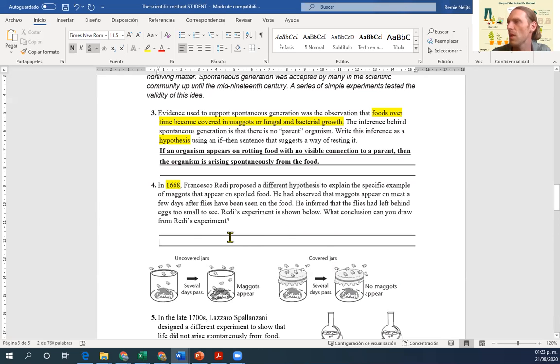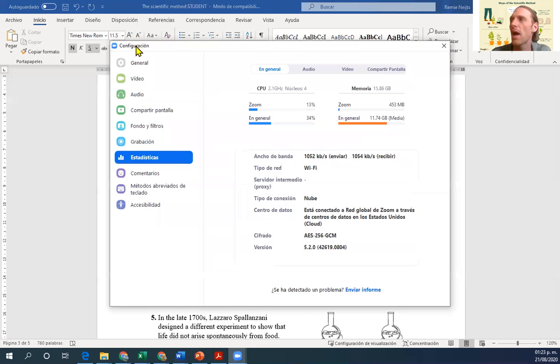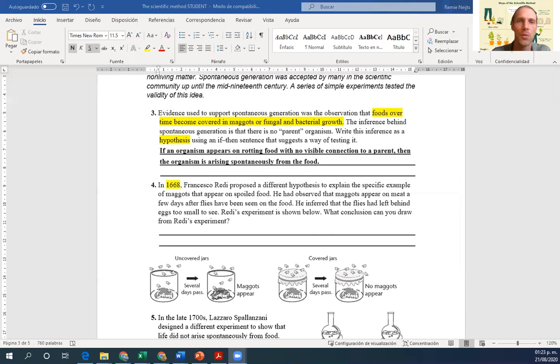So if we talk about this experiment, what can we say about the variables? Who can tell me what is the independent or the manipulated variable here? The covering, the lid on the jars. Yeah, exposure to air, very good.